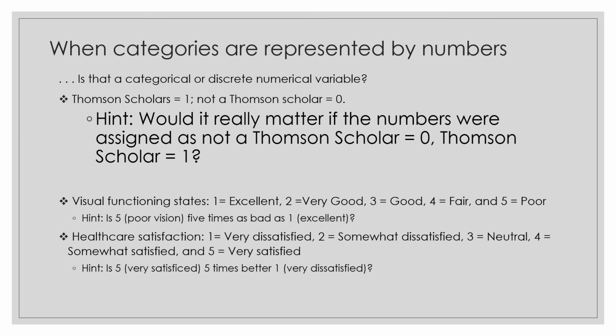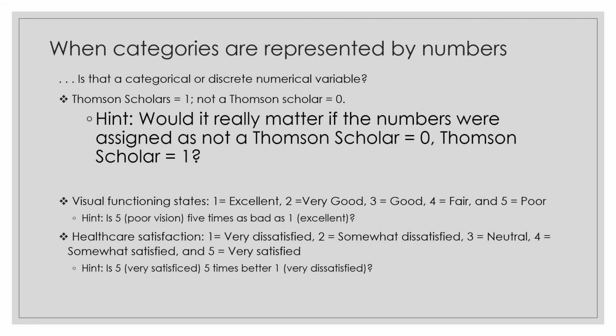If not, then Thomson Scholar is an example of a categorical variable. If being a Thompson scholar, being assigned a number 1 is better than not being a Thompson scholar and being assigned the number 0, then this variable becomes a discrete numerical variable.